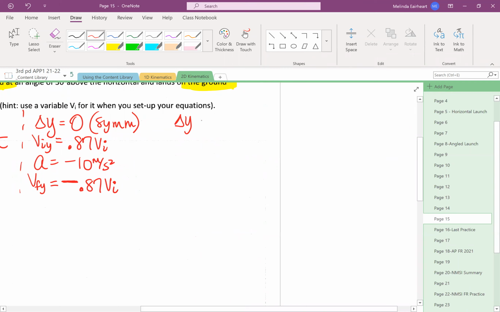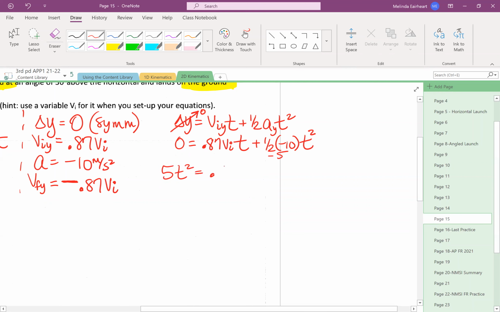Remember, just like last week, when you use this equation and there's symmetry, that delta Y zeroes out. And so here's where we can, 0 equals 0.87 VI times time plus 1/2 of -10 times time squared. So I can add 5t squared to the other side because this is -5.